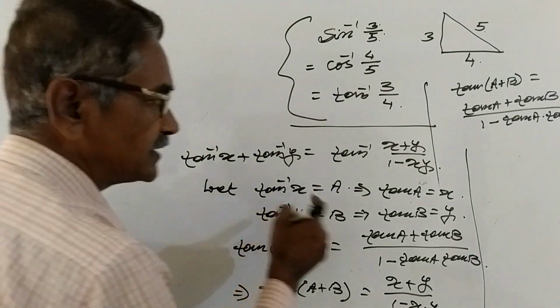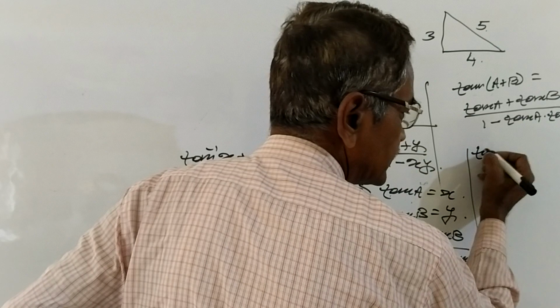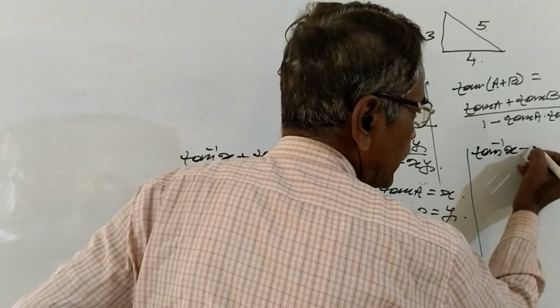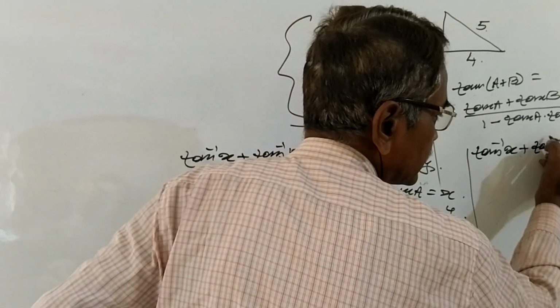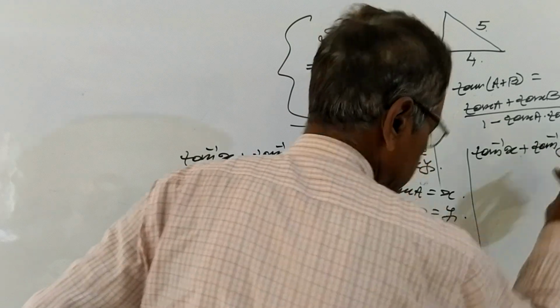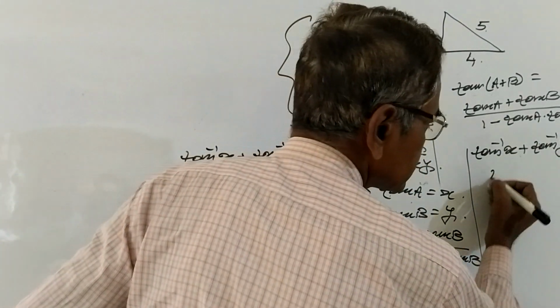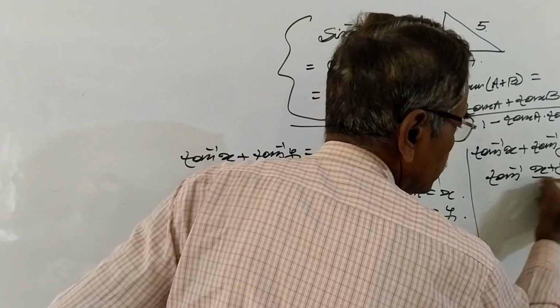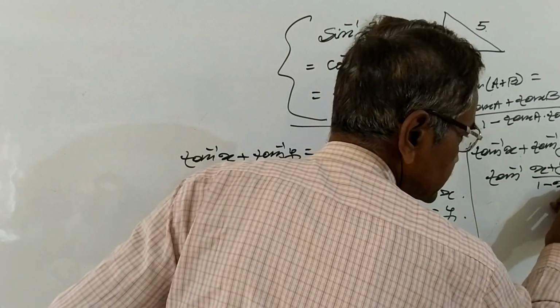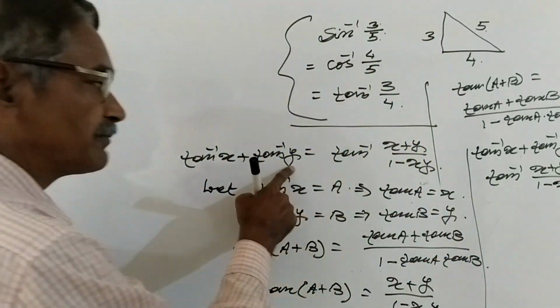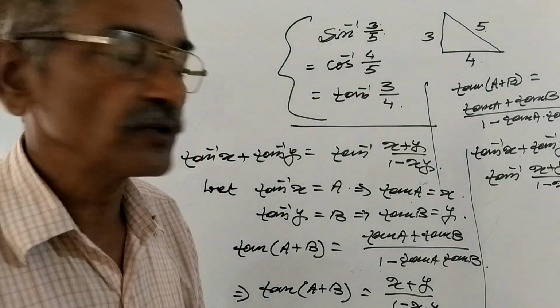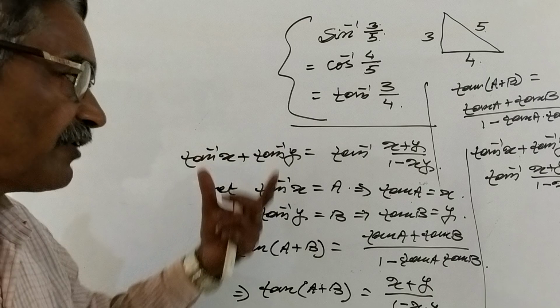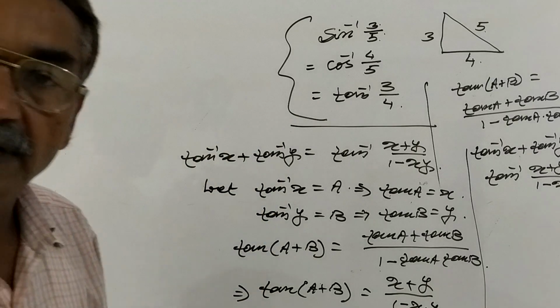Your a is tan inverse x, b is tan inverse y, so tan inverse x plus tan inverse y equals tan inverse (x plus y) by (1 minus xy). The same formula is written here. So like this, other formulae can also be derived.